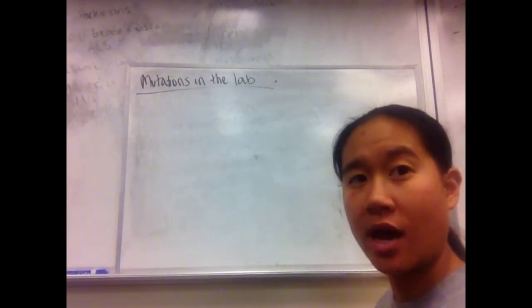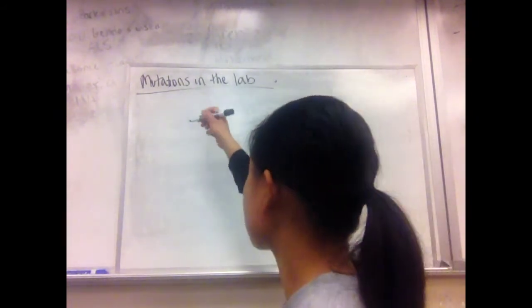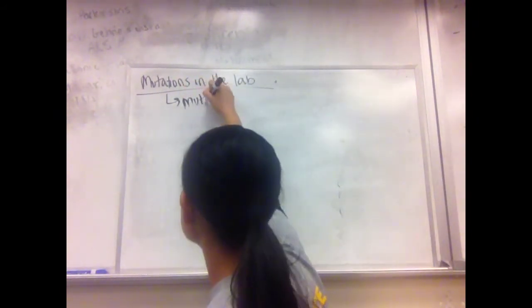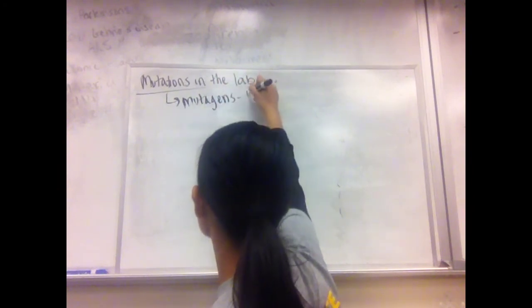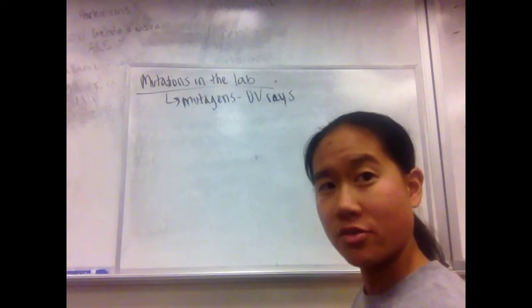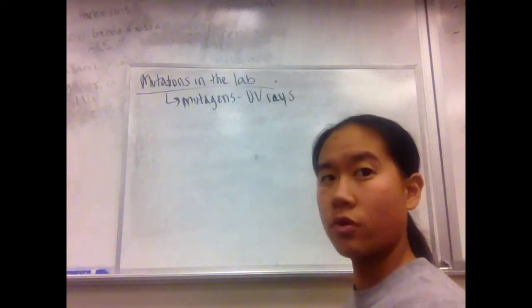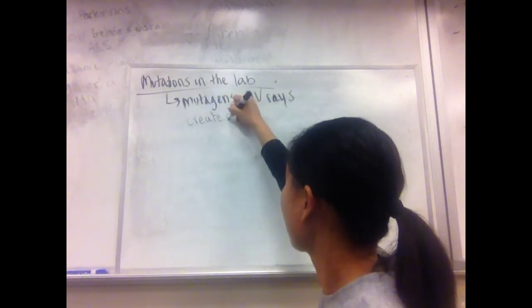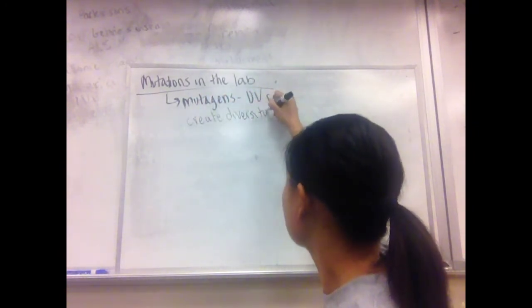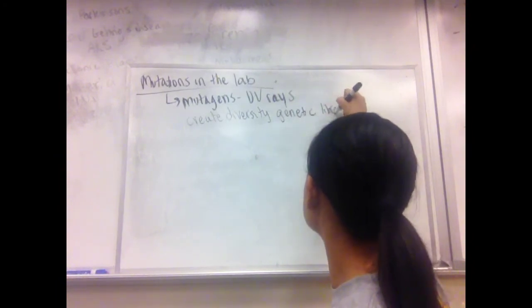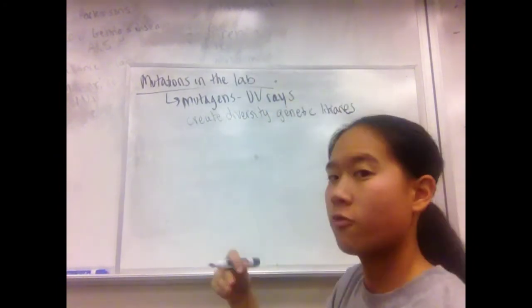But in terms of a lab, you might actually want to generate mutations. Because you can generate mutations, so one way is with mutagens, something that causes mutations, the one being UV rays. You can generate mutants in a lot of different types using these UV rays, and this is to create either diversity, you can create genetic libraries, and you can kind of force evolution.